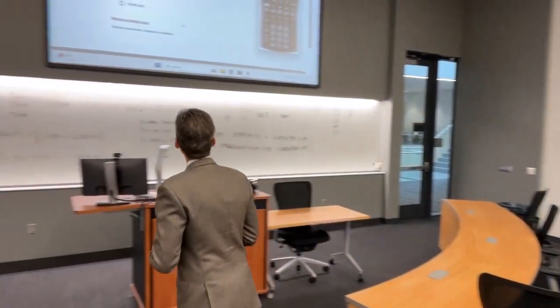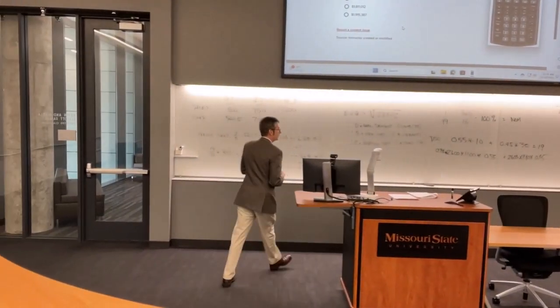We can multiply those things together, and that will give us this answer right here. Does that help clear things up? Yep, I got it. Cool. Okay, so that's number 6.